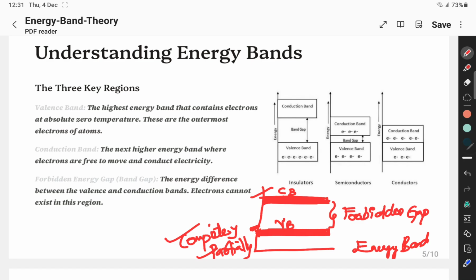These electrons are called free electrons, and they are responsible for electrical conduction. The conduction band is generally empty, so it accepts electrons from the valence band. Understood? The electrons in this band are free to move, so that is why they conduct electricity.